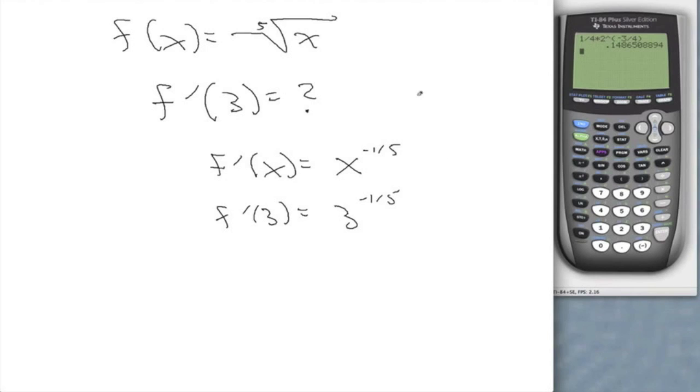Okay, so we have the function, so we need to write what f prime is. Huh, I think I messed up again. Alright, I have negative 1/5 x to the negative 6/5 as f prime of x.